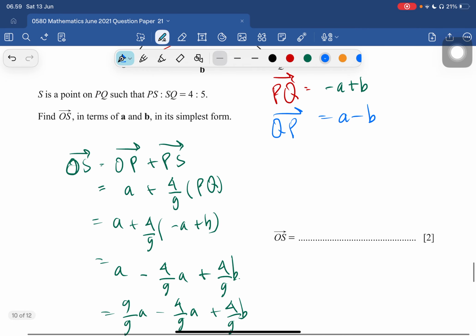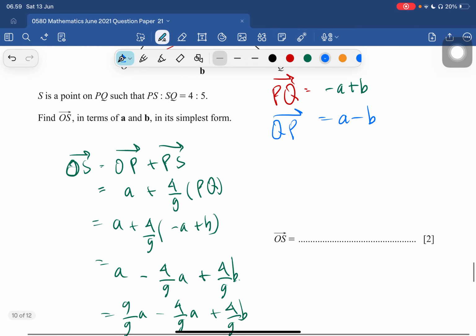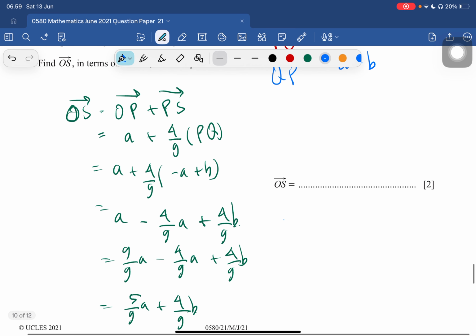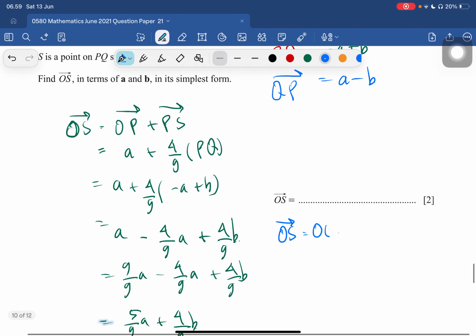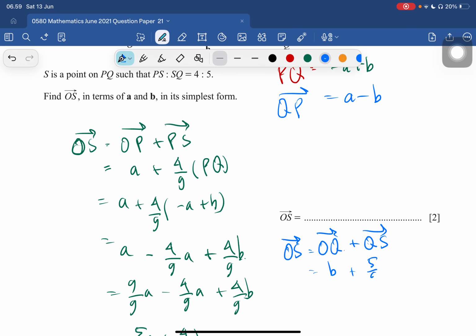Or another way, we can use it from here like this, OB and QS. Here is the same thing, I will write it. OS, we can use OQ, then QS. So OQ is B plus QS, which is 5 over 9 of QP.